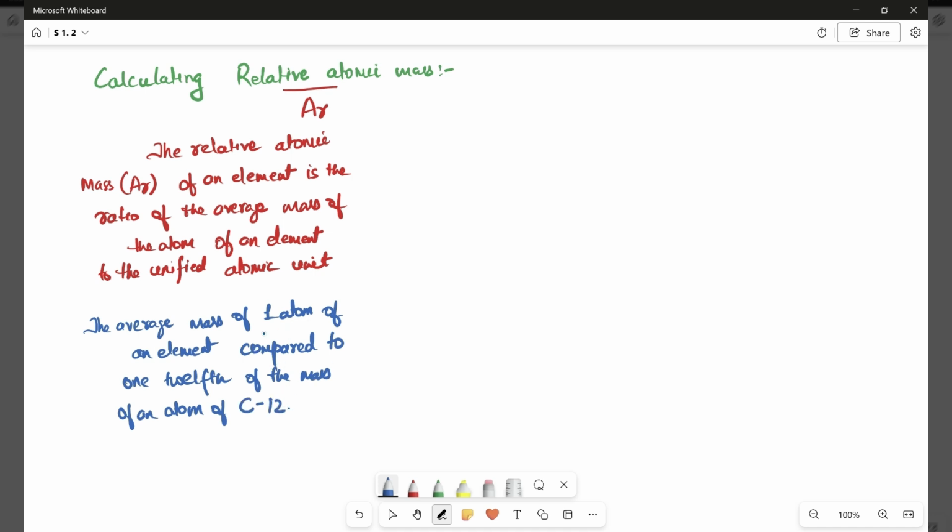That also comes under the definition. So either you can write this definition or this definition, both will be correct.